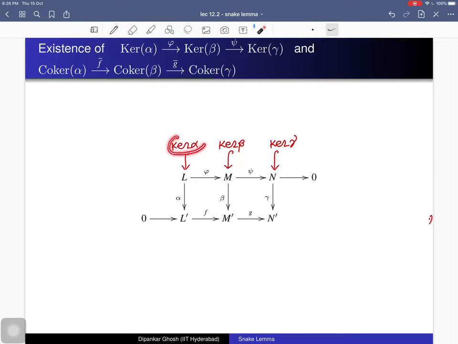If we restrict this map to kernel alpha, can we get a map from kernel alpha to kernel beta? That we need to verify.